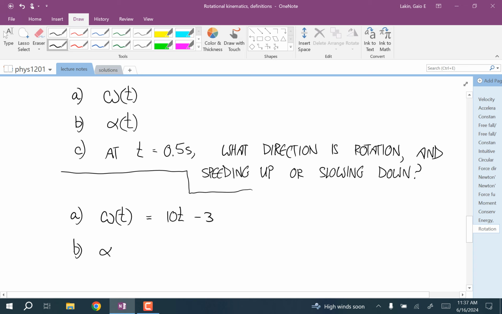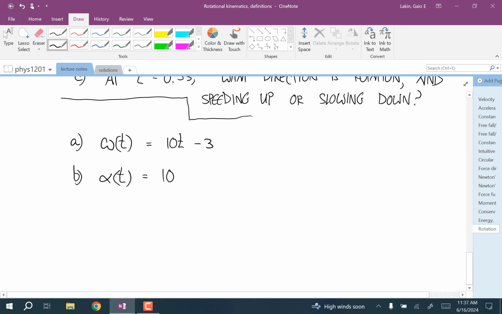And so alpha as a function of time is just a constant value of 10. Then for C, to figure out what direction it's rotating, this is also analogous to the way it works with translational velocities. You just have to figure out the sign of the angular velocity in this case.